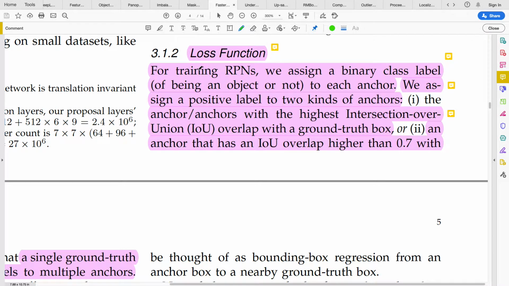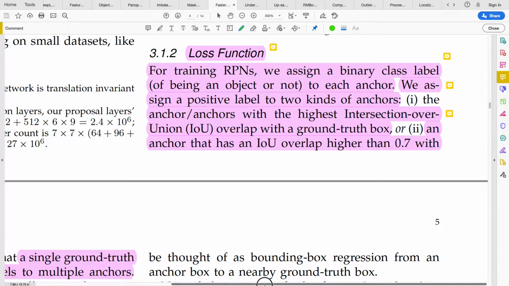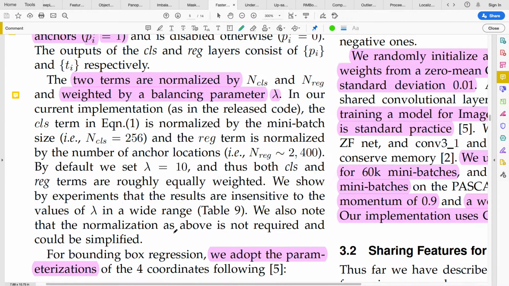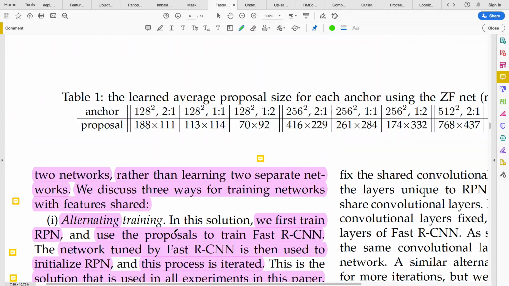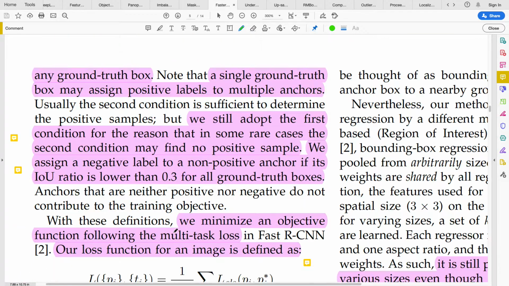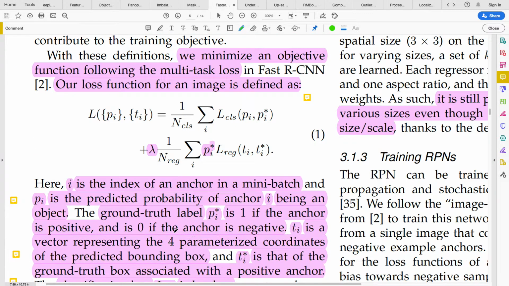So in the Faster R-CNN paper, you have the definition of their loss function as follows. If you check here, you will see we have their loss function defined in this place.